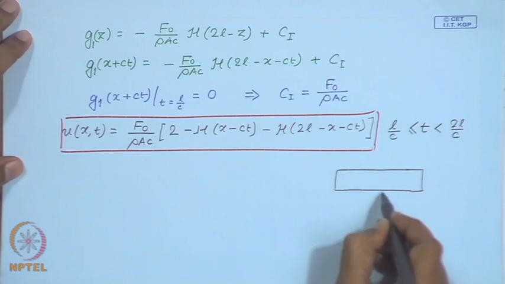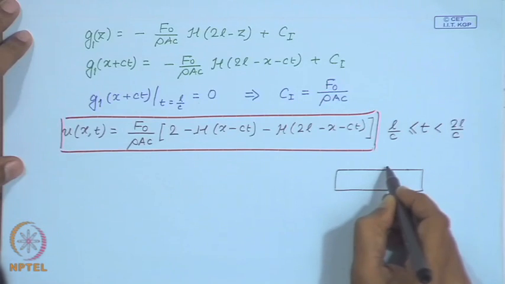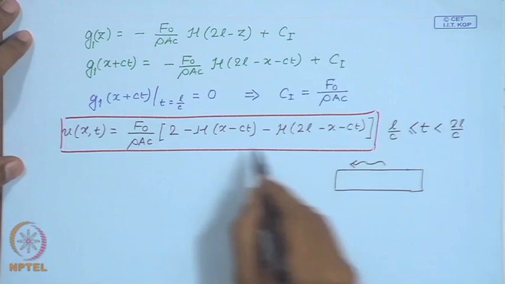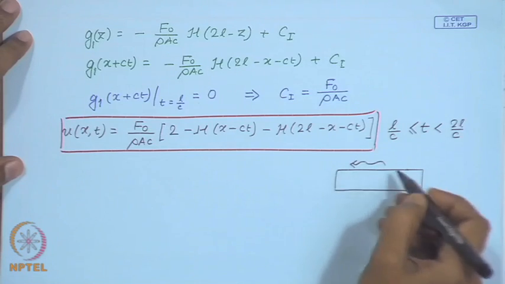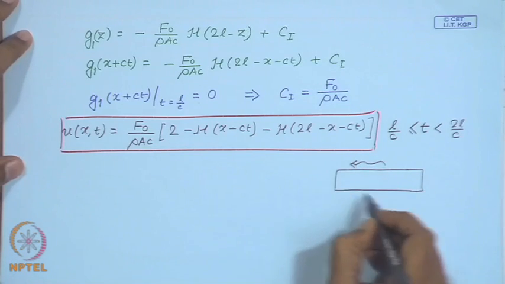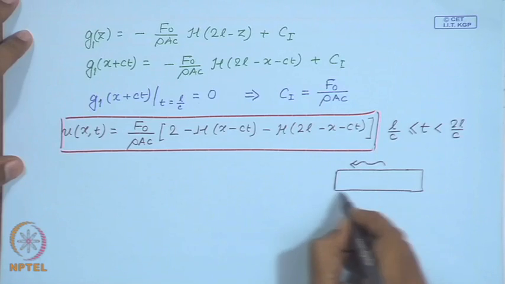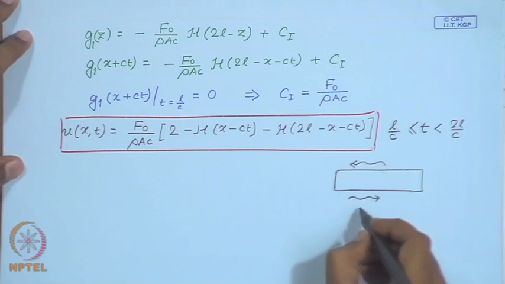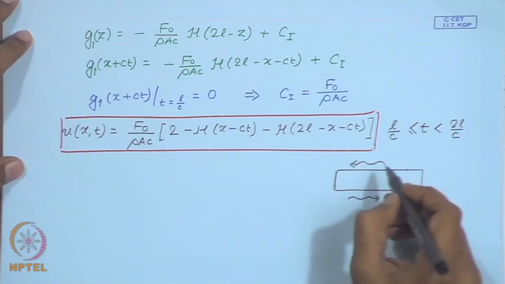This wave is a left negative travelling wave, and that is going to come back to this boundary, and this is going to be a reflection.